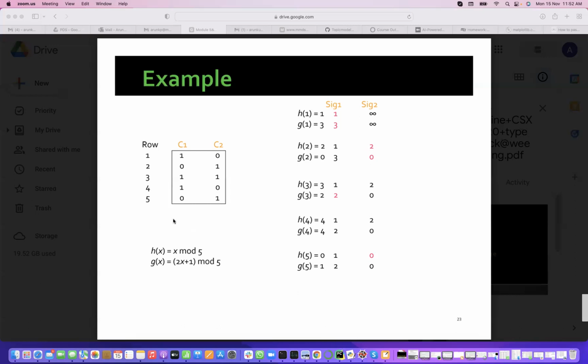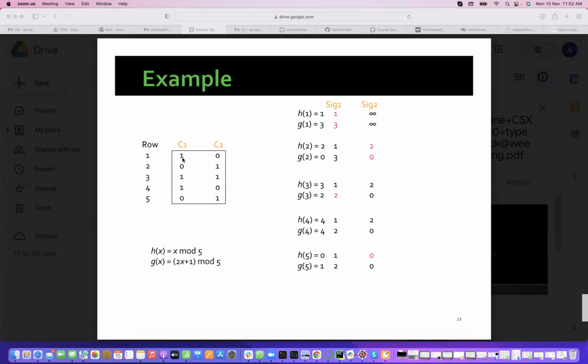So here, h(x), the first hash function, will take the first row and map it to which row? 1. So this row is mapped to 1.